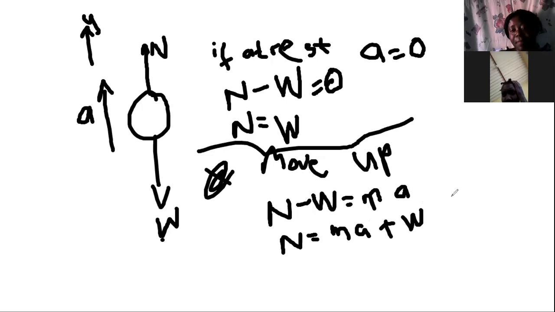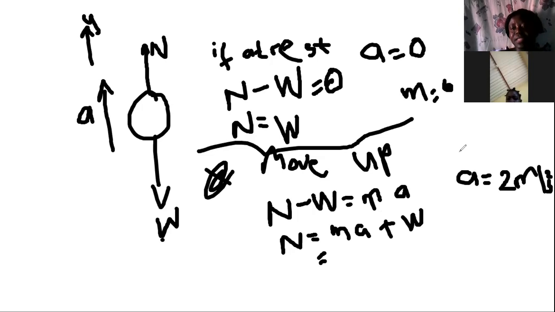Let's try to use some numbers. The acceleration of the elevator will be smaller compared to the acceleration due to gravity. Let's say the elevator is moving up with an acceleration of 2 meters per second squared. Just putting in numbers here, if you have a mass of 60 kilograms, then 60 times 2 is what?